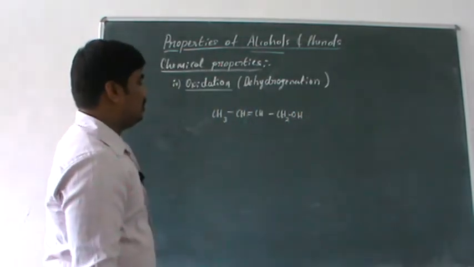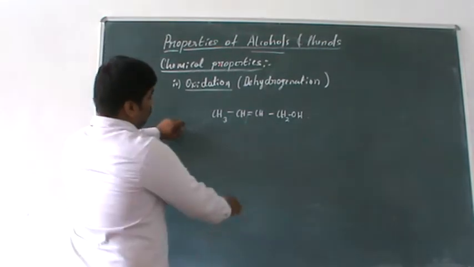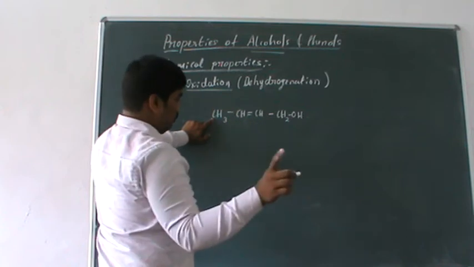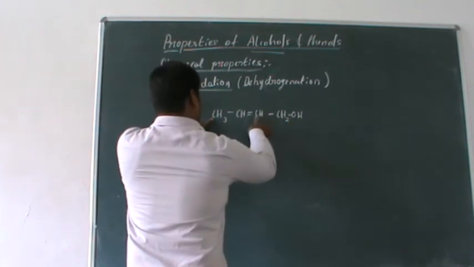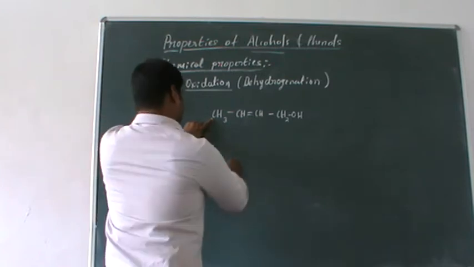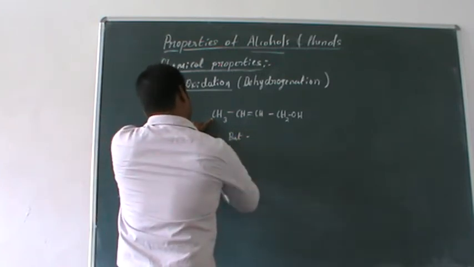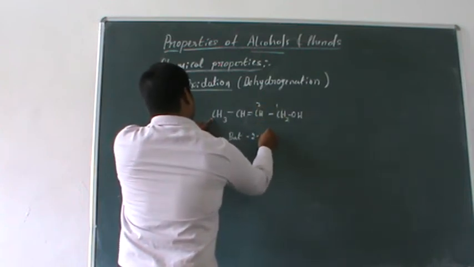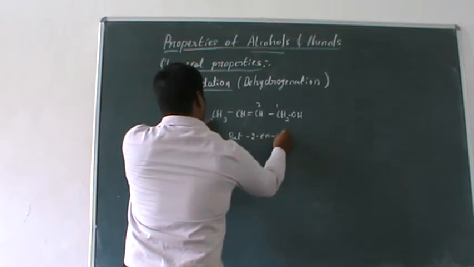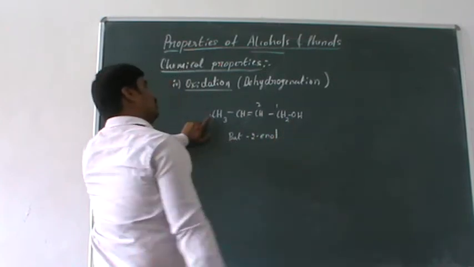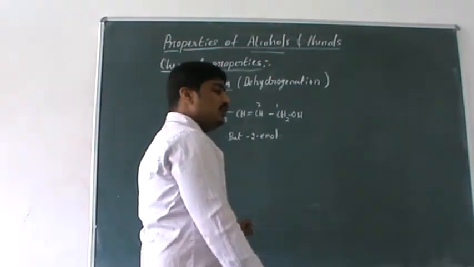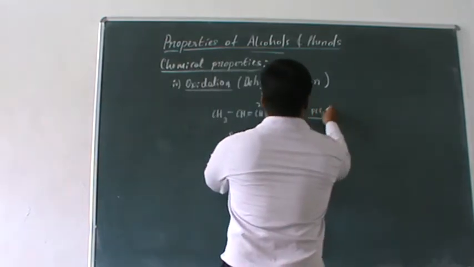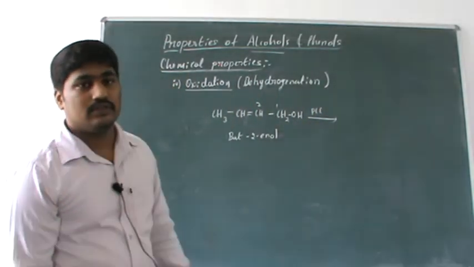Please, can anybody try to fill in the name? 1, 2, 3, 4: four carbons, 1 contains the alcohol, 2 contains the double bond, so butene. Here the second carbon contains the double bond, so but-2-en-1-ol. When this is subjected to oxidation with PCC, it produces aldehyde.